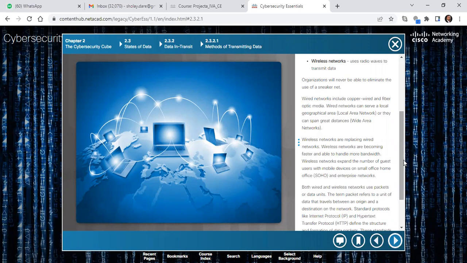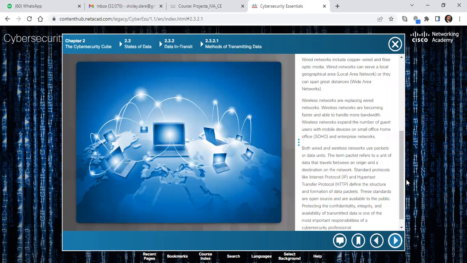But wireless networks are replacing wired networks, which is what we see today. Wireless networks are becoming faster and able to handle more bandwidth. Wireless networks expand the number of guest users with mobile devices, or people with a small office home office, as they call it, and enterprise networks.